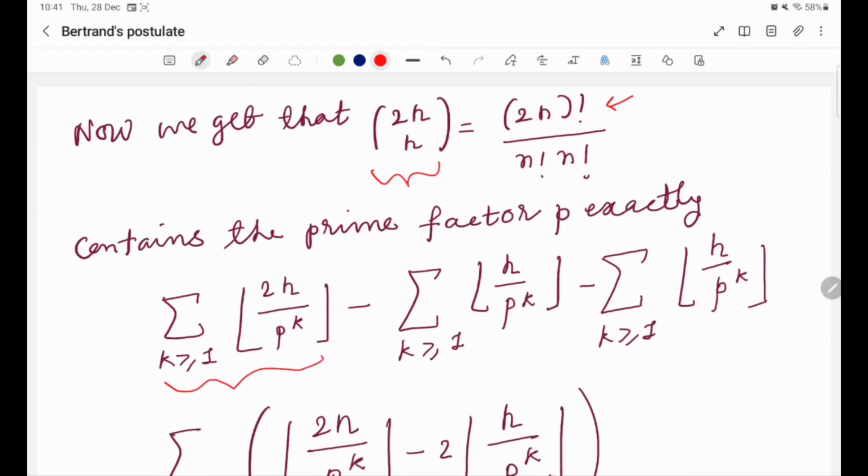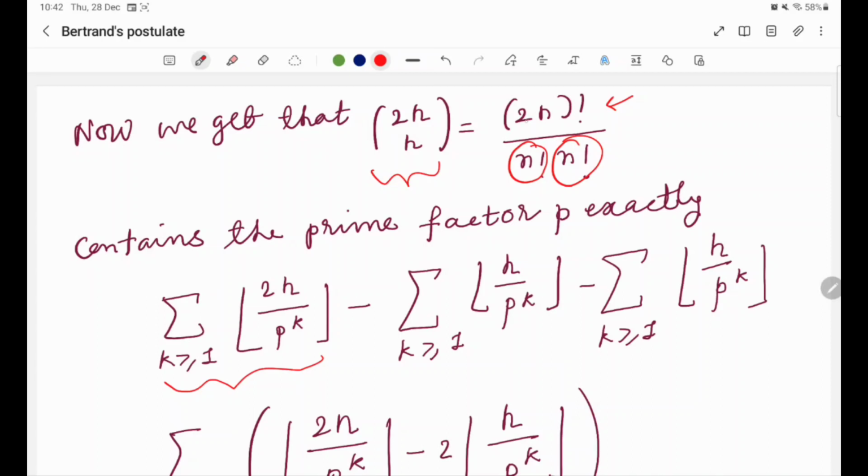Then since n is less than 2n, all the primes which divide n factorial will also divide 2n factorial. So when you divide this number by this, all the primes which divide this fellow will be cancelled out, and it is not only one time but 2 times it is removed.